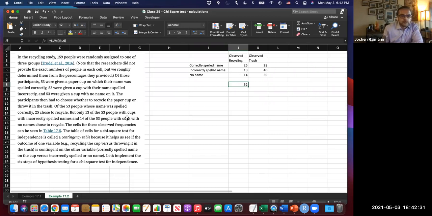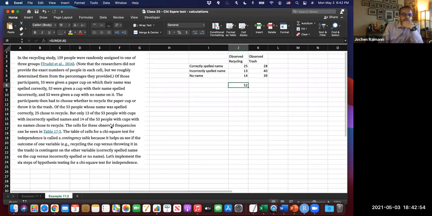Only 13 was a cup. 13 cups, no names. 14, 13, 14, 25. Okay, so we have 25, 13, and 14. 25 is 38. This is 52. Okay, so one has not gotten his coffee. Okay, not sure I'm understanding that. That's an interesting example.